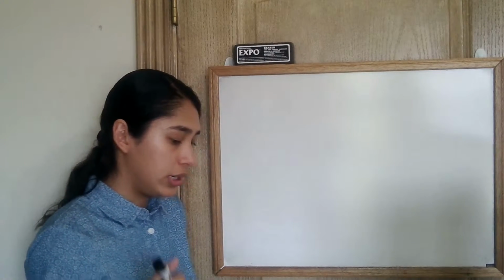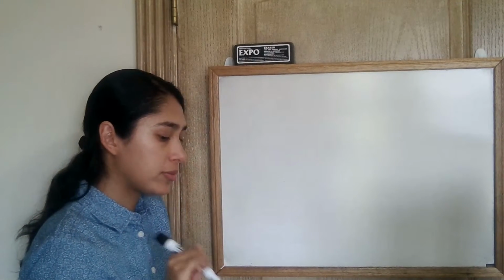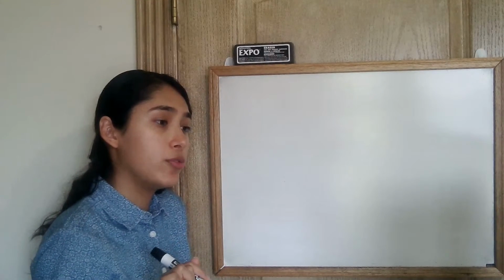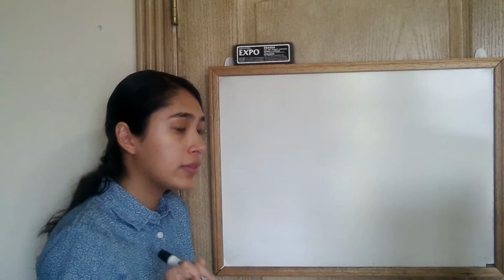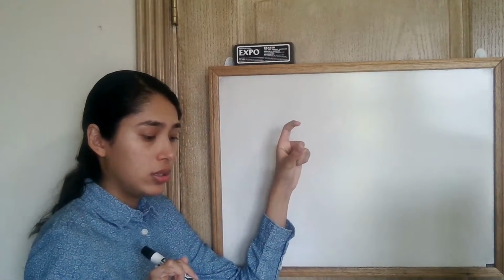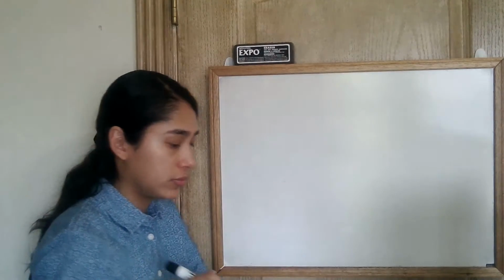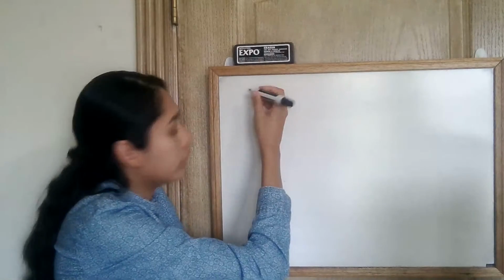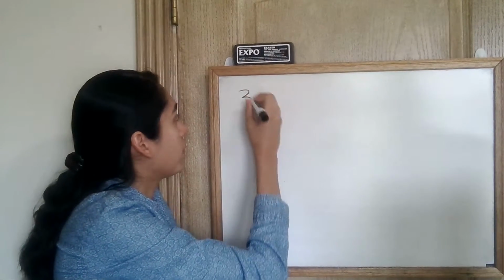Next, we're going to be going from scientific notation to standard form using a negative exponent. Remember, the power is called the exponent, the little floater right here.